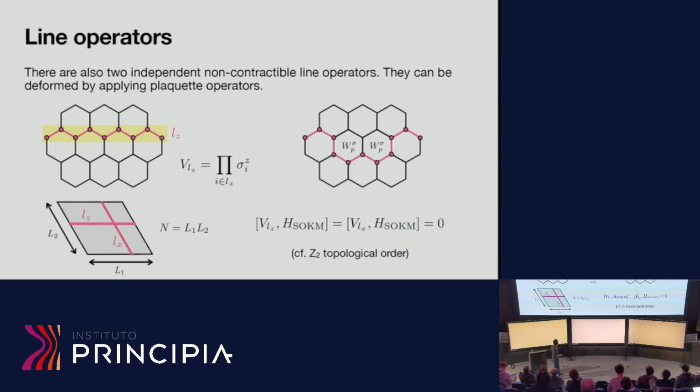This runs along X and Y zigzag lines of the honeycomb lattice. I call this line Z because it's perpendicular to the Z bond, and you wind around the torus. So this also commutes with the Hamiltonian. You can take a line that runs this way, and also similar lines along X and Y directions that wind around the torus in different ways.